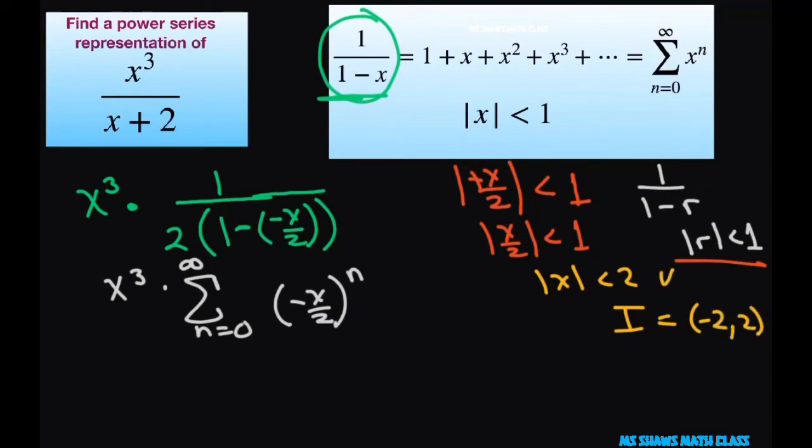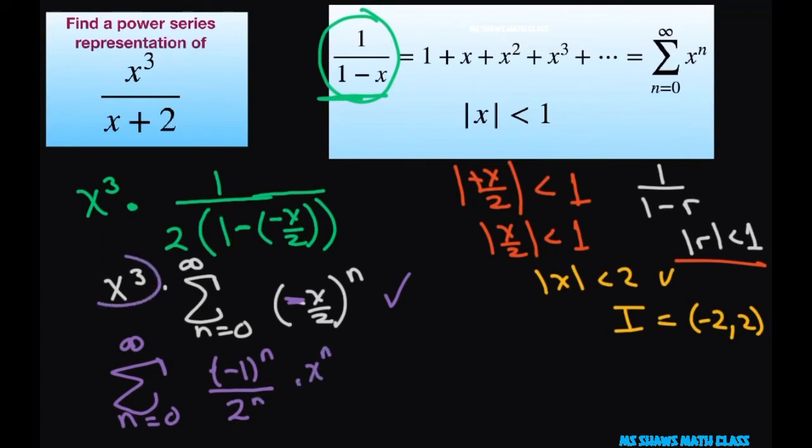The only other thing we want to do is simplify this. So I can write this as the sum of n equals 0 to infinity of negative 1 to the nth power, divided by 2 to the nth, times x to the nth.